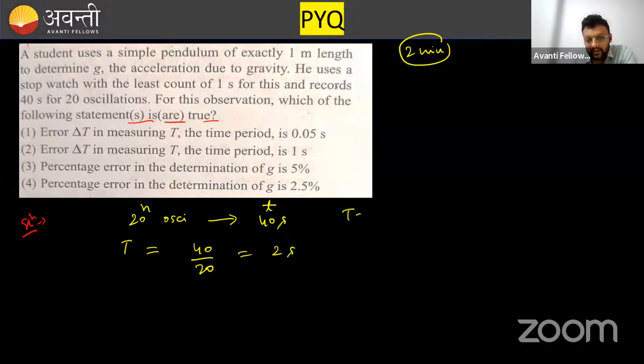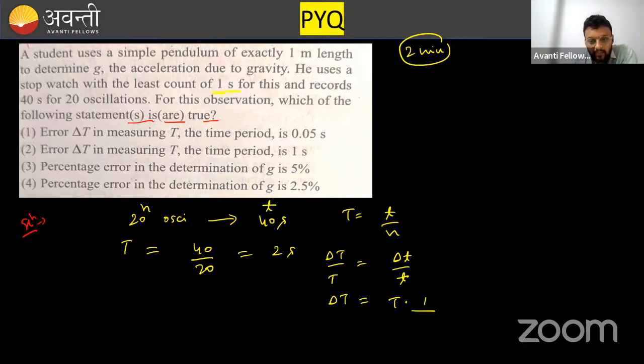Or you can say time period is equal to t by n. Now error in the measurement of T is delta T by T is equal to, n is a constant term, delta t by t. So from here you can say delta T is equal to capital T into delta t by t. Now delta t is what? They are saying that least count is what? 1 second.